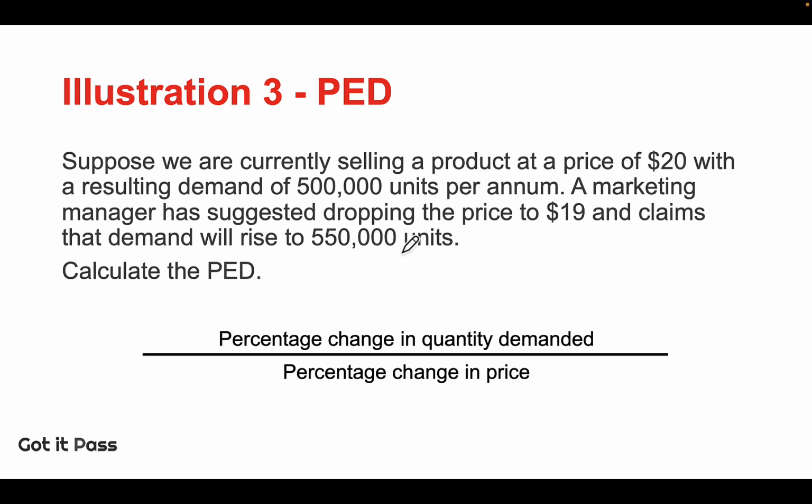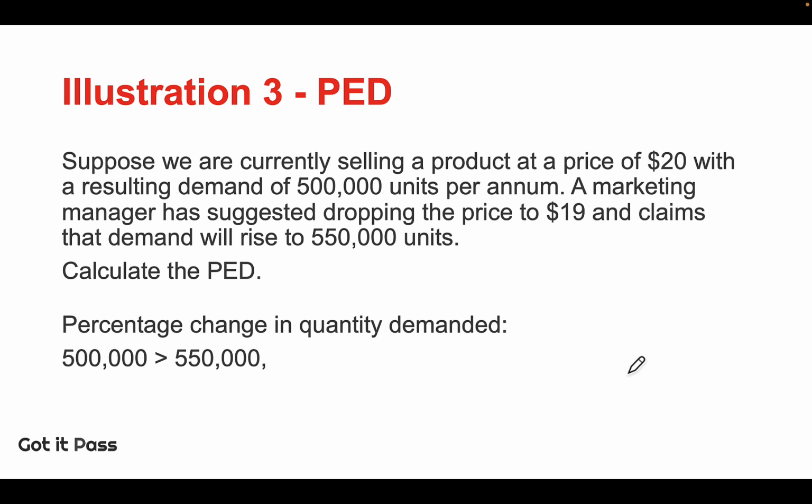And our equation here is to see the percentage change in quantity demanded and the percentage change in price. For the percentage change in quantity demanded, it increased from 500,000 to 550,000.